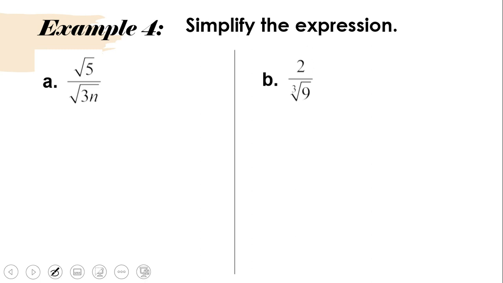Now, we have an issue here because you cannot have a square root in the denominator. So no square roots are allowed in the denominator.